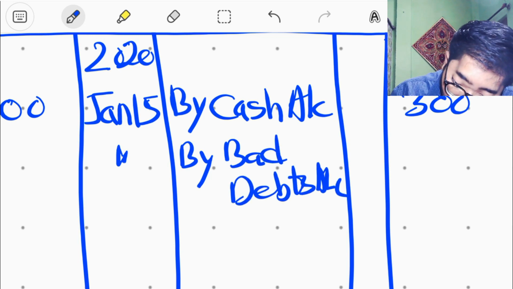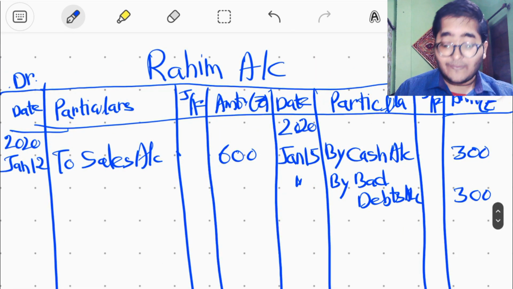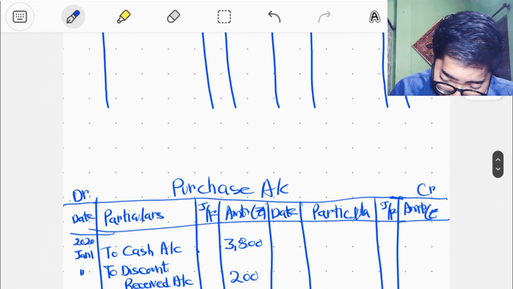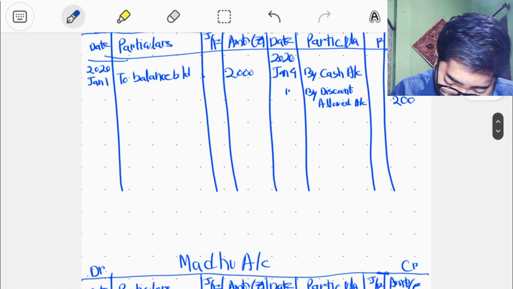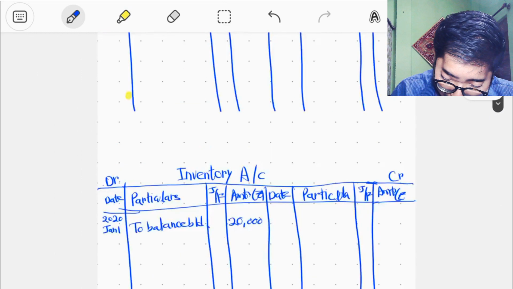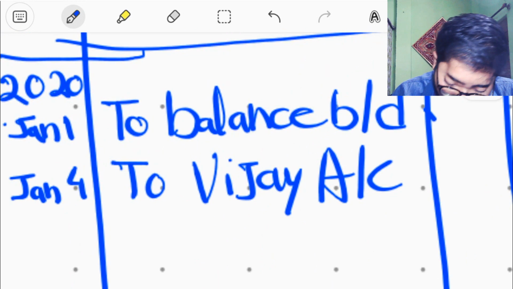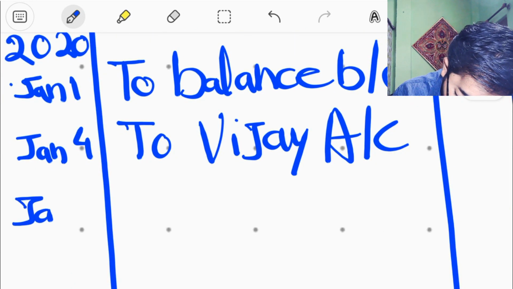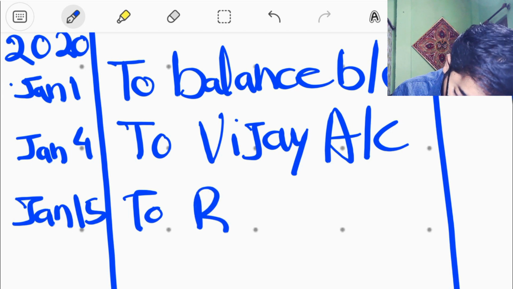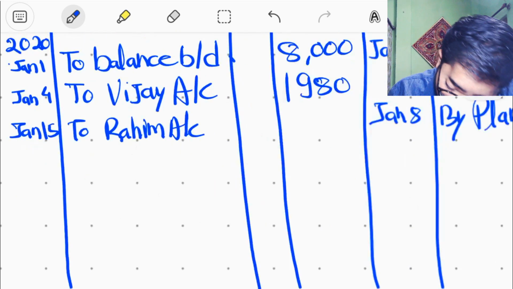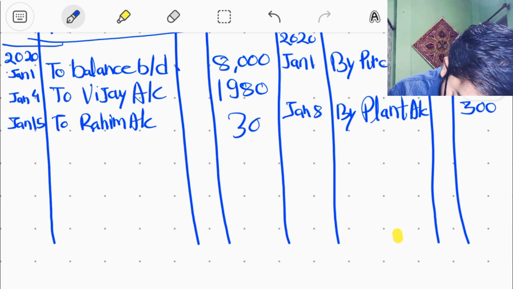Bad debts account is also debited for 300 rupees, and that is why the cash account is credited on January 15 to Rahim account. How much? 300.